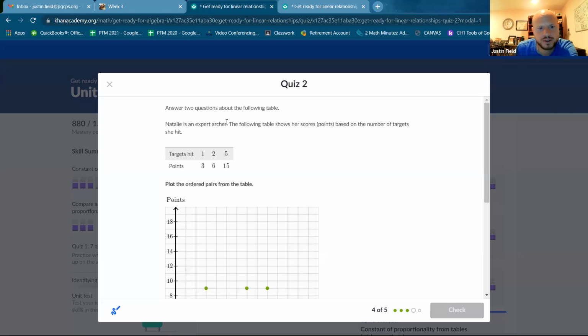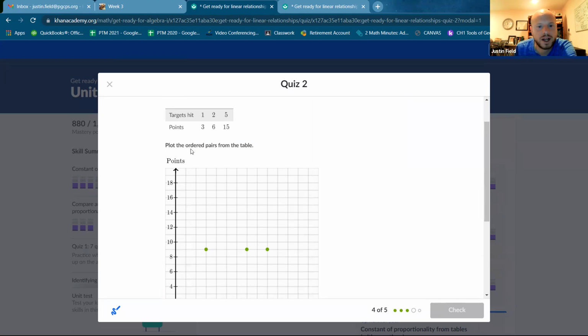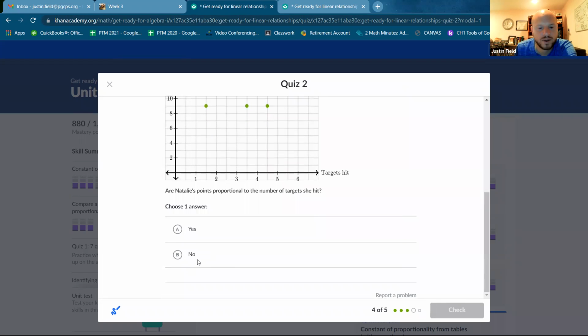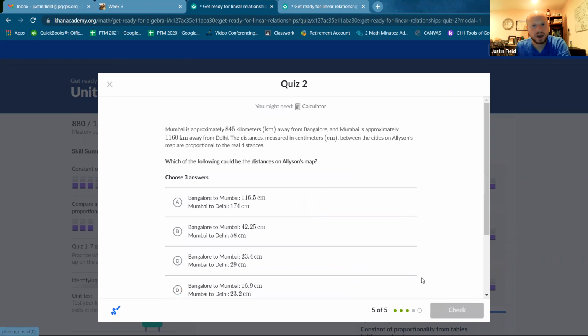Answer 2 questions about the table. Natalie is an expert archer. The following table shows her scores based on the number of targets she hit. Plot the ordered pairs. Well, you can do that, and then you can figure out if it's proportional. I'm sure you can do that based on what we did.